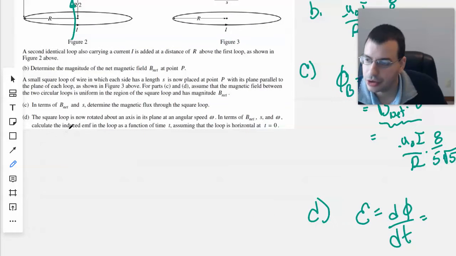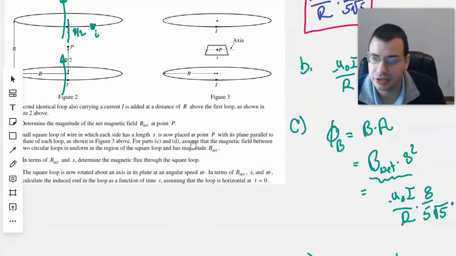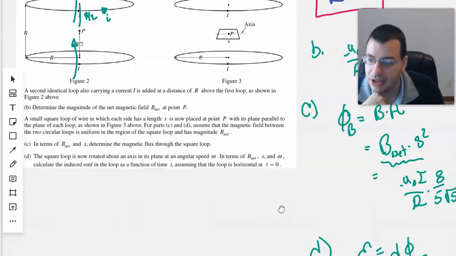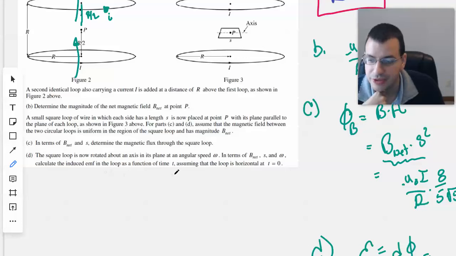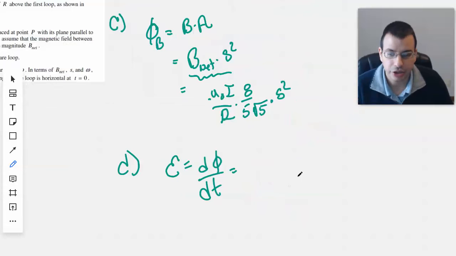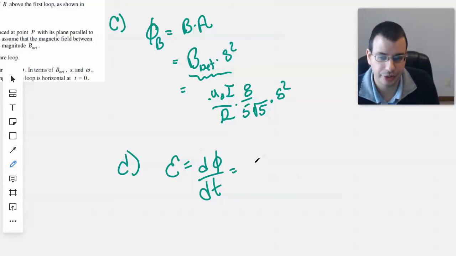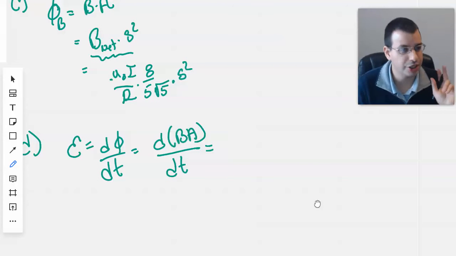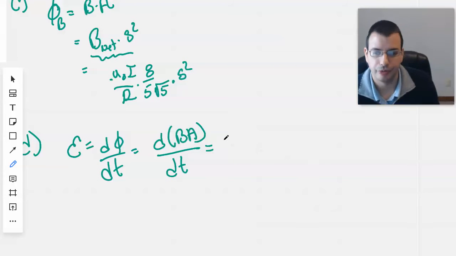Okay, so the square loop is now rotated about an axis in its plane at angular speed omega. In terms of B net, S and omega, calculate the induced EMF in the loop as a function of time, assuming that the loop is horizontal at t equals 0. So we know that flux equals B times A. This part you need to remember to do the product rule for derivatives.